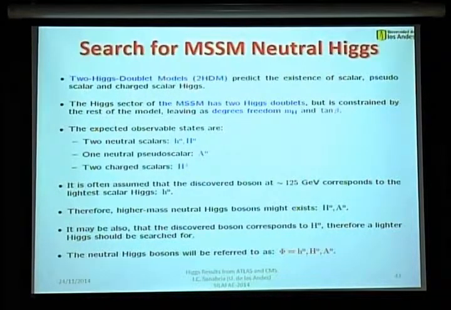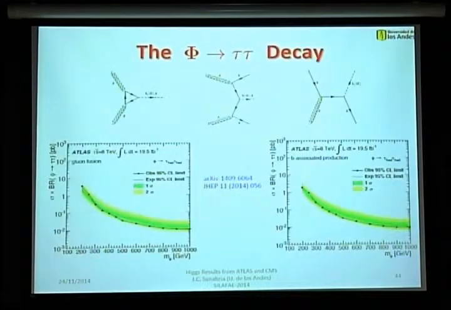But it could also be that the one that was discovered was this one, and then one should search for lighter ones. So the experiments should try to cover as much of the parameter space in terms of mass. So let's call all these possibilities phi, and then let's look at the experimental results for those searches.